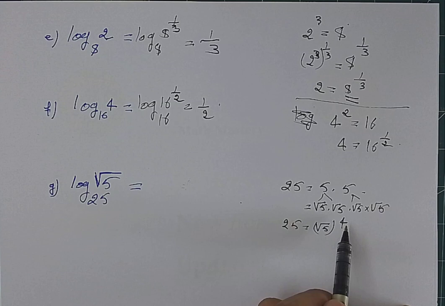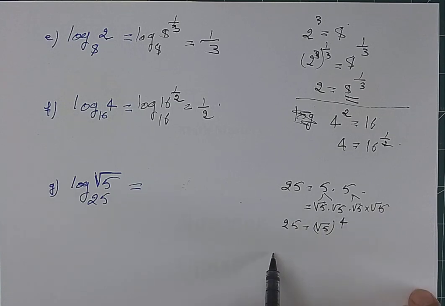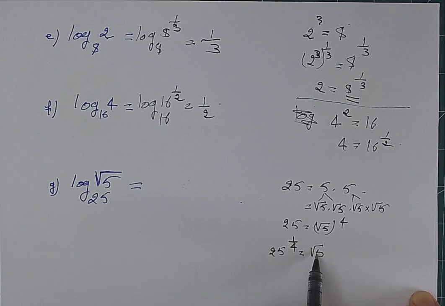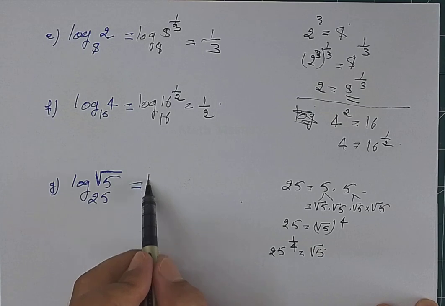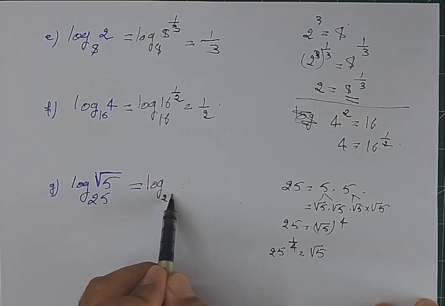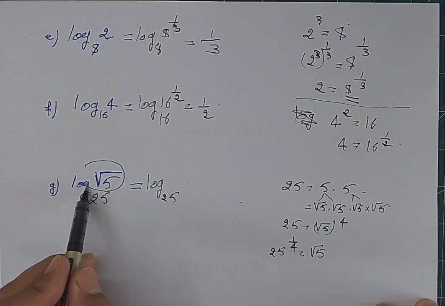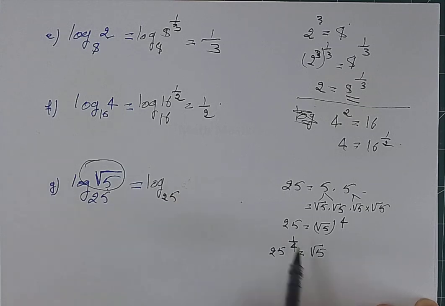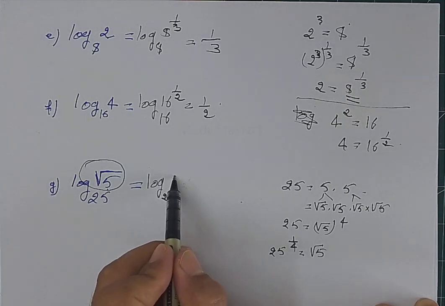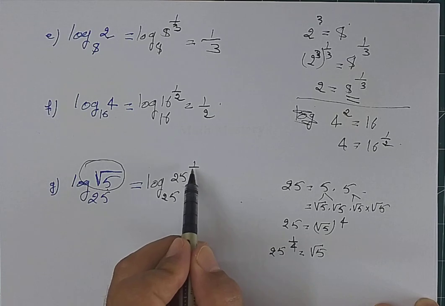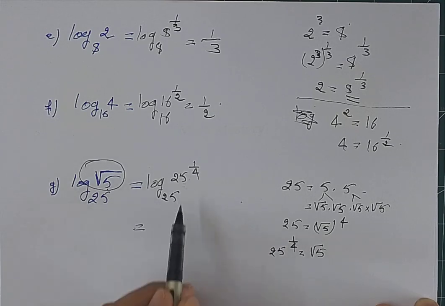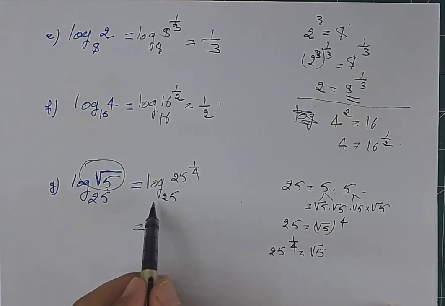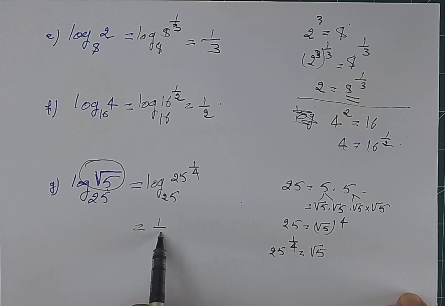I can change this 4 to the 25, so it will be 25 to the exponent 1 over 4 equals square root of 5. So here in log base 25, instead of writing square root of 5, I write 25^(1/4). So the value of this logarithm is 1 over 4.